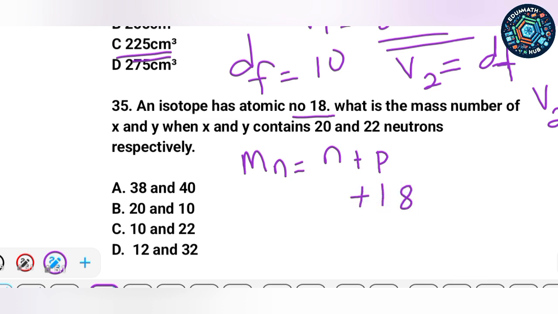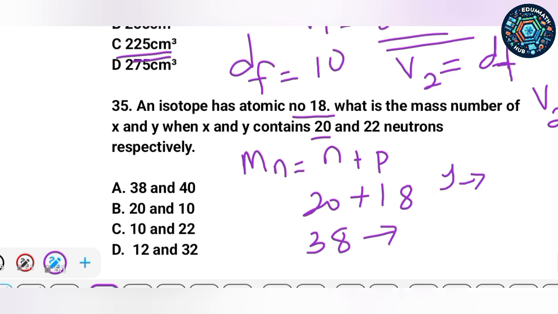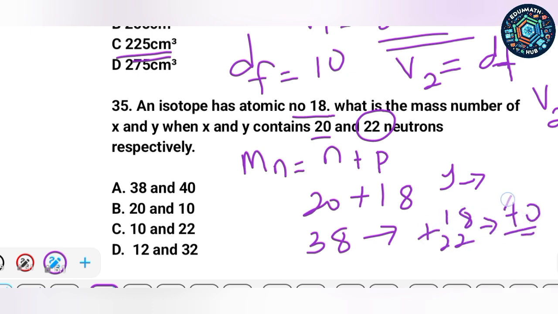Then plus the first one, which has 20 neutrons. So 20 plus 18 will give you 38. That's for the first one, X. Then for Y, which is the second part here, that will be 18 plus 22. That will give you 40. So the mass numbers are 38 and 40. So 38 and 40, that's option A.